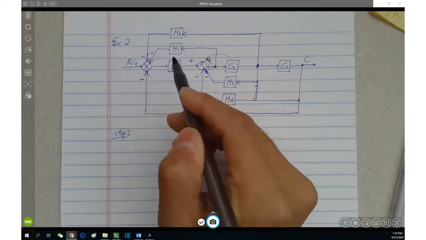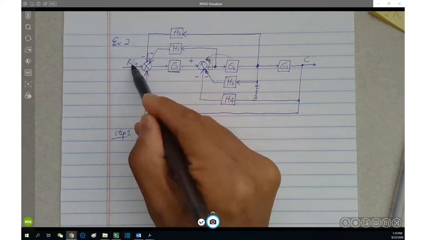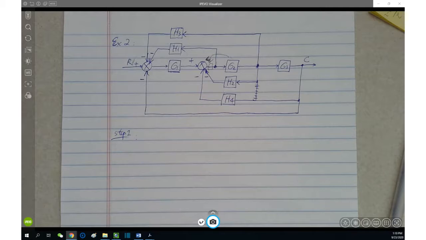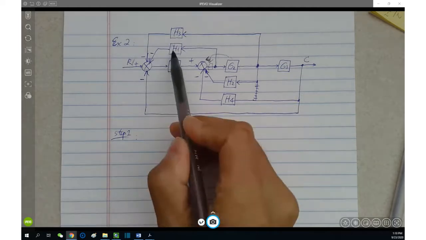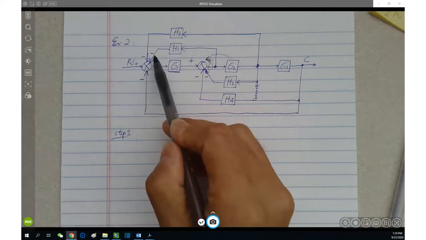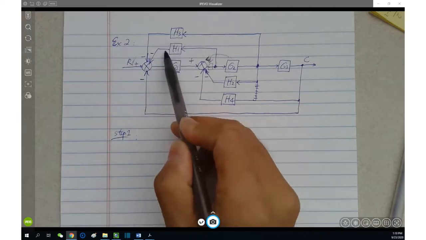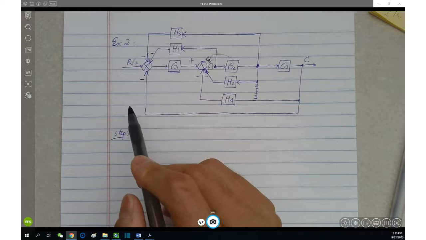If I understand him correctly, well, it's not as effective as the previous suggestion, isn't it? Because after moving H1 here, you got a unity feedback here. Well, you're not combining anything yet, right?